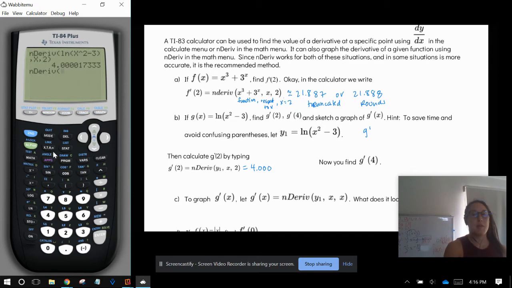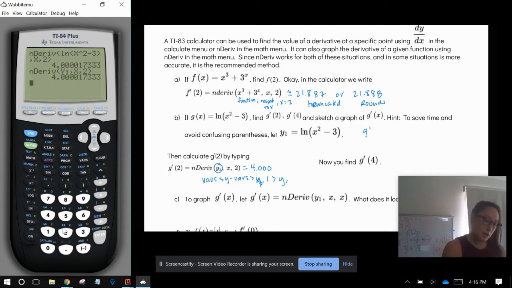This time I'm going to type in y1 since I already have the function written in. Remember, y1 is vars, y-vars, and then you select the function y1. Okay, so vars, y-vars, function. Oh, I guess you have to select 1 and then y1. Okay, y1, comma, with respect to x, comma, at 2.